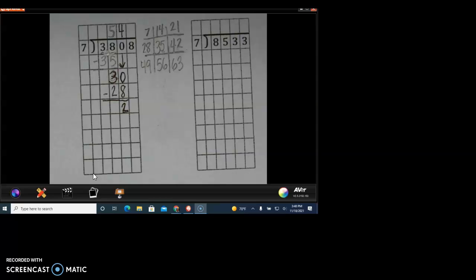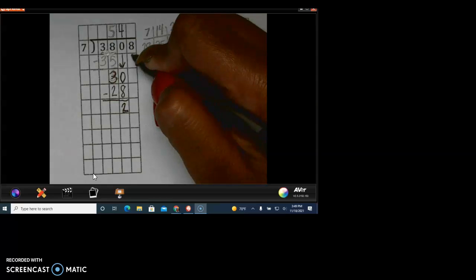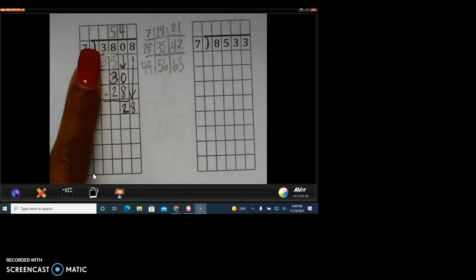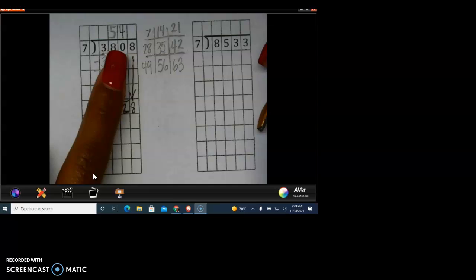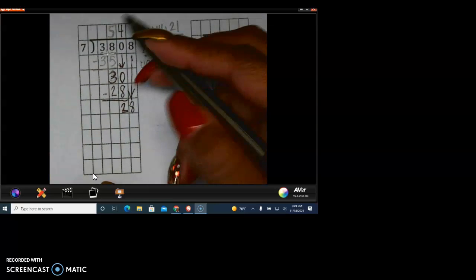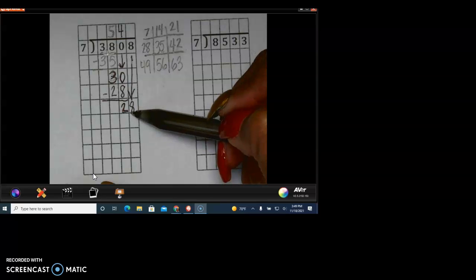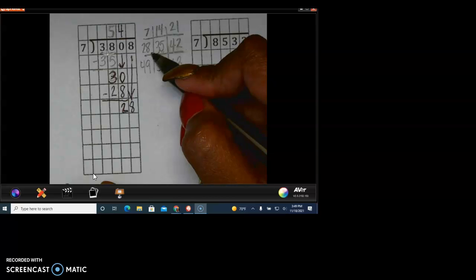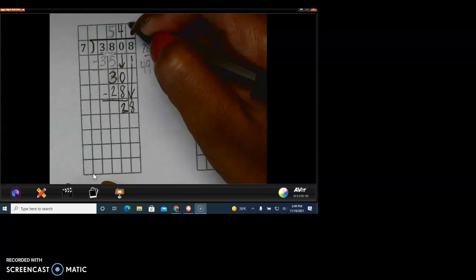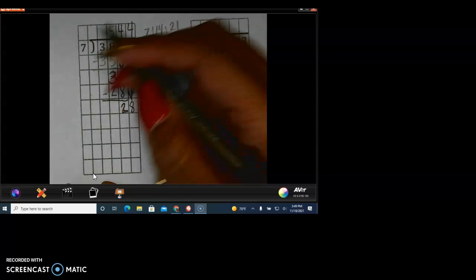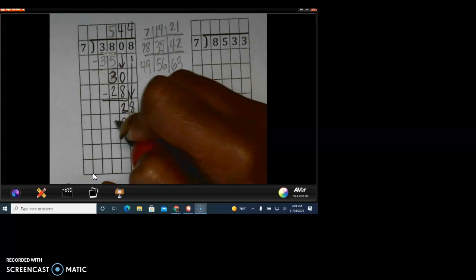Now that I've subtracted, I need to bring down my last digit, which is the 8. As you can see, I start from the greatest place value and I work my way over to the least amount. So now I ask myself, how many times can I divide 28 by 7? Going back to the same multiplication fact, 4 times 7 is 28. It can be divided 4 times. 4 times 7 is 28.